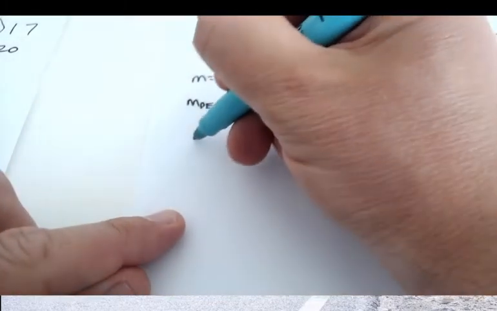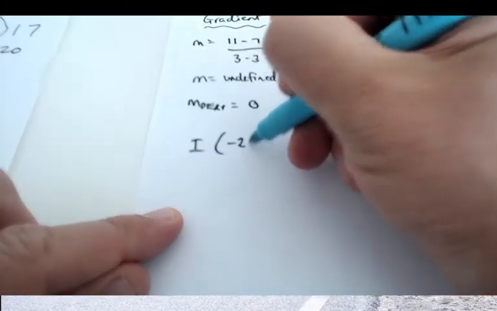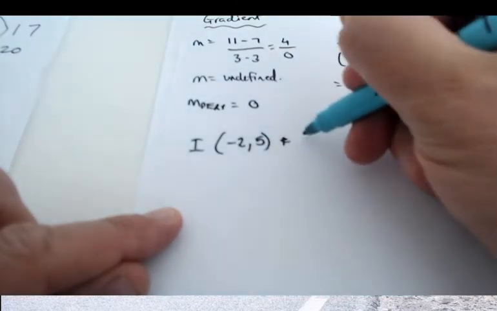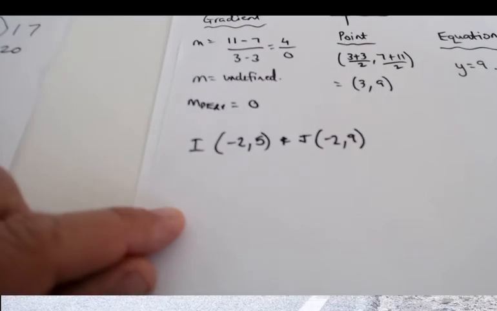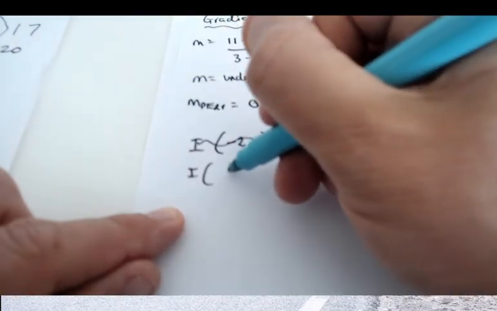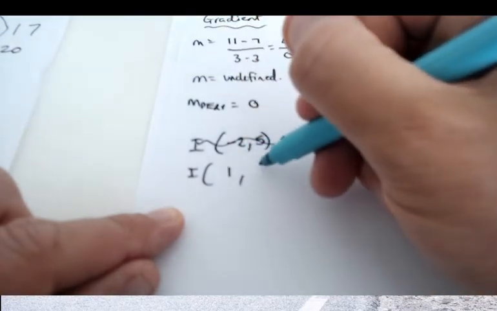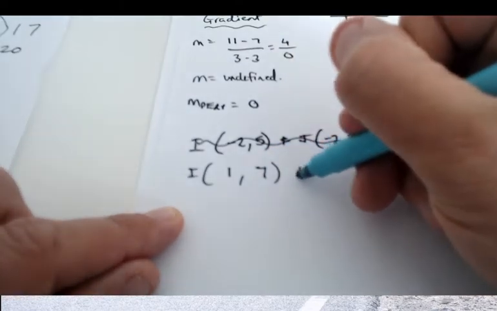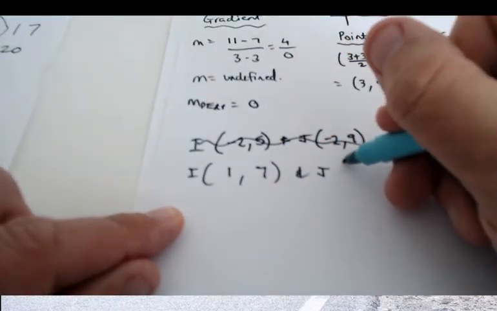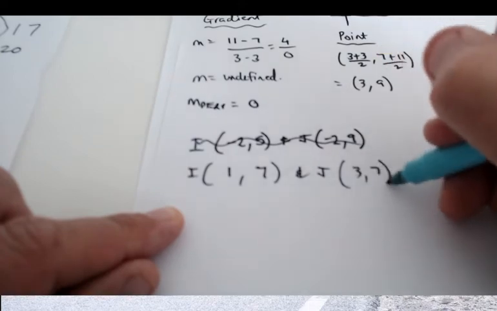This time I've got I, which is the point minus 2, 5, and I've got j, which is the point minus 2, 9. In fact, we'll change that. We'll go with I as the point 1, 7, and we'll go with j, which is going to be the point 3, 7.